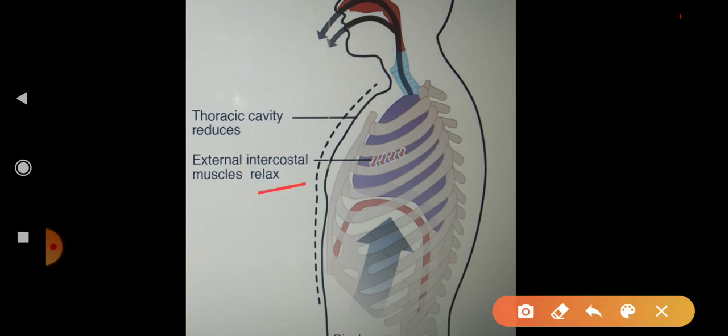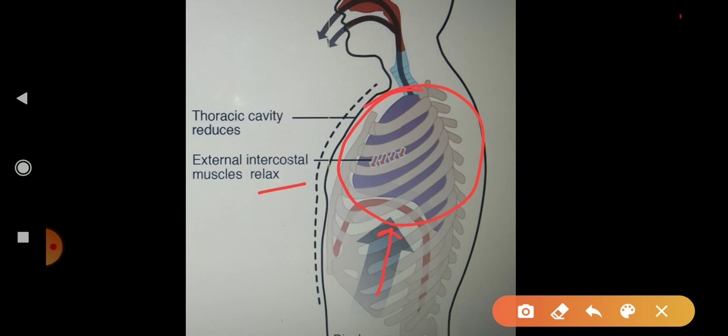And second, the diaphragm also, which in the first case comes down, in this second case moves again to its original place, due to which the size of this cavity decreases.